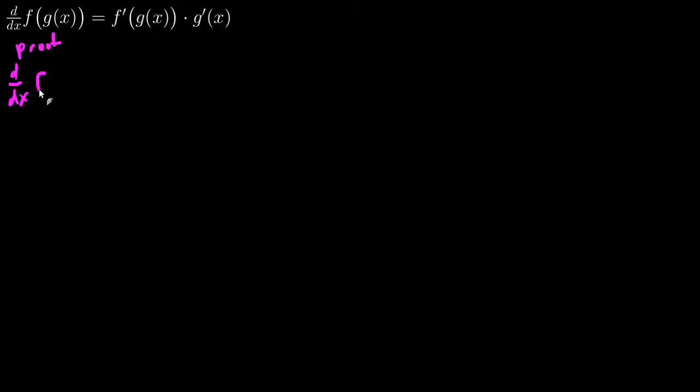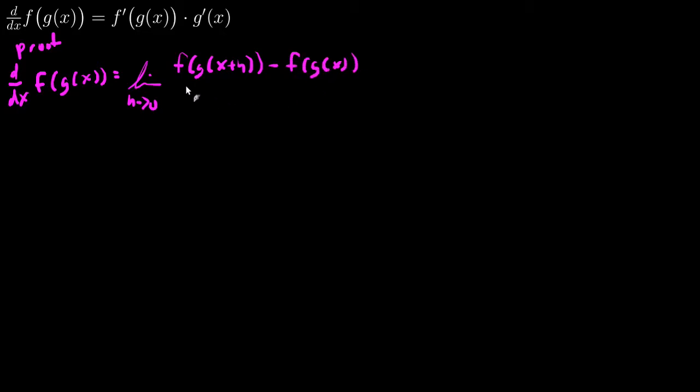The derivative with respect to x of f of g of x, which will be the limit as h approaches 0 of f of g of x plus h minus f of g of x all over h.